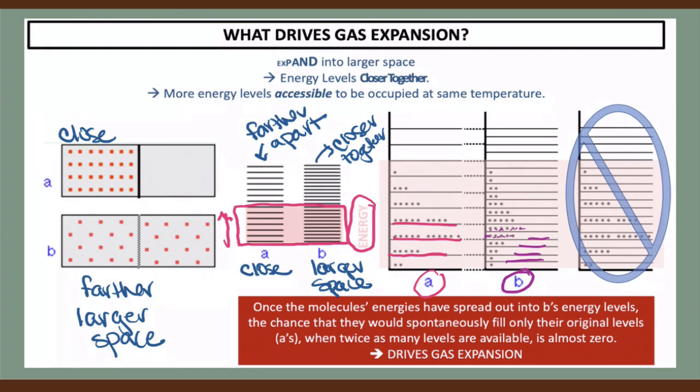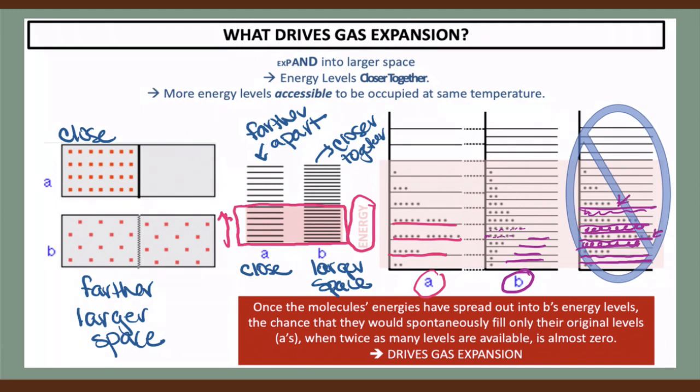Now, imagine that all of the molecules just decided to move to the left side again. We took a picture and randomly they were all on the left side. What that would mean is that they would go back to the bigger ladder again. So only these rungs would exist now, and this one would be empty, empty, empty, empty. All of them would have to line up on these levels, and that would never statistically happen.